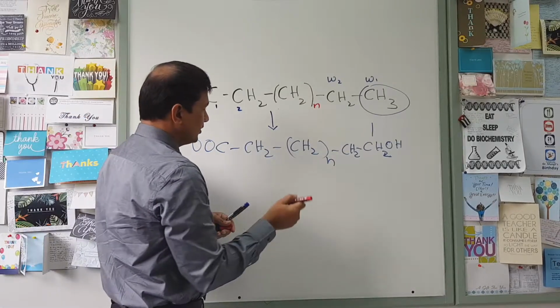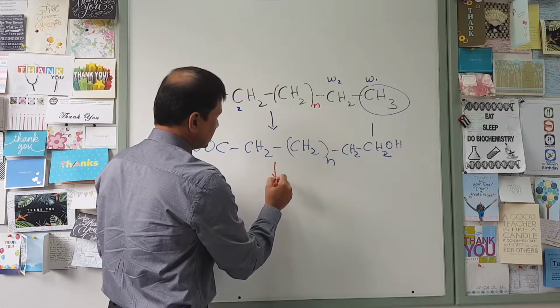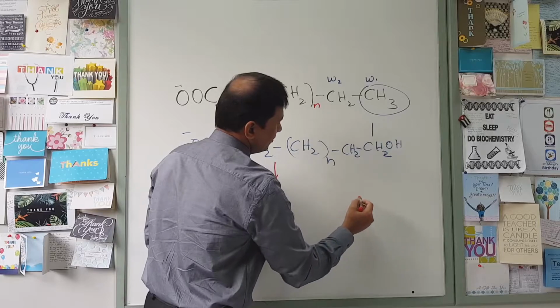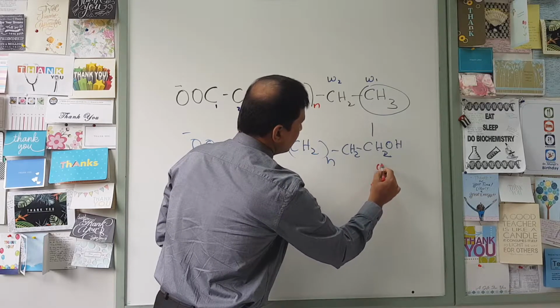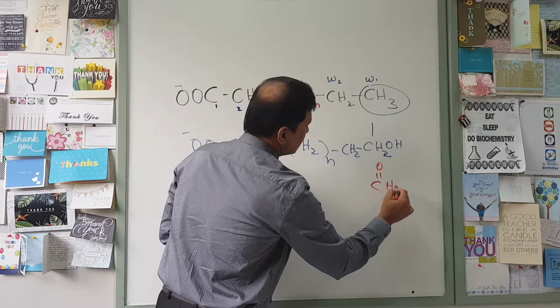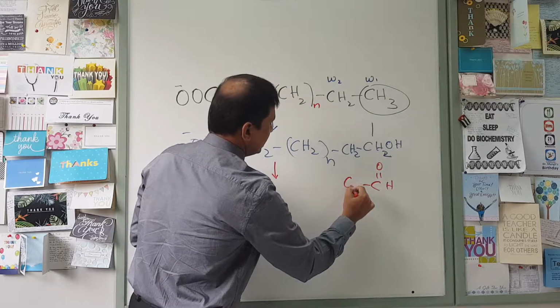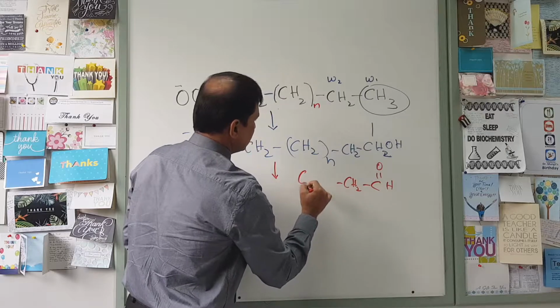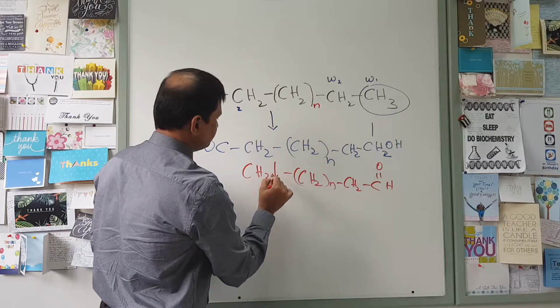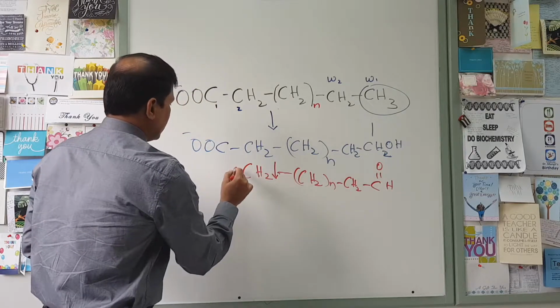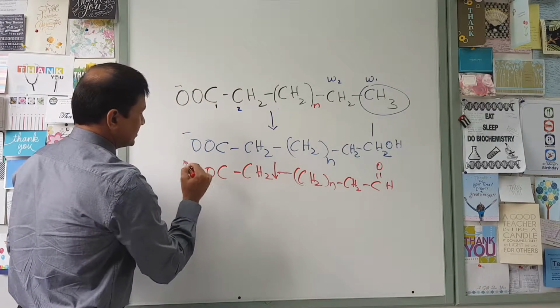Now furthermore, one more oxidation goes on here. The hydroxyl group will be converted to a keto group, so it will be C double bond O, that is CH double bond O, then CH2, then CH2 n number of times, and then CH2, and we have COO minus.